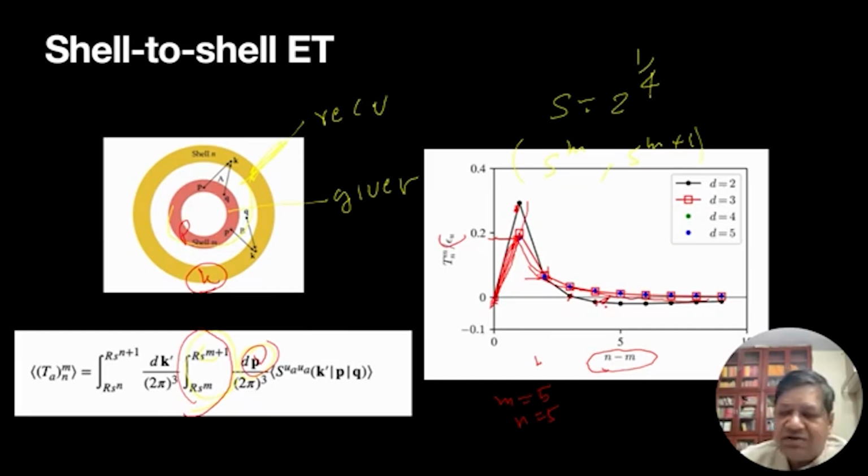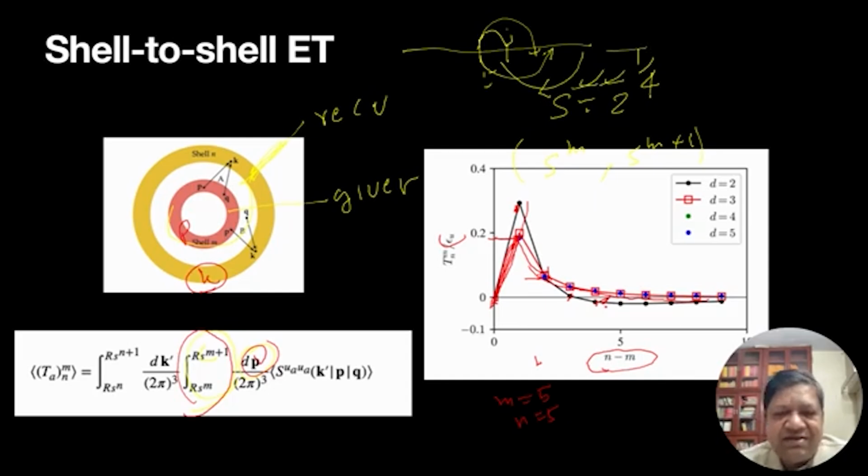If I draw the diagram, 5 gives to 6, 7, 8, but it receives from 9, 10, 11, and this goes on for all these modes. All these modes are giving energy to lower wave numbers in 2D, and that is responsible for the inverse cascade.